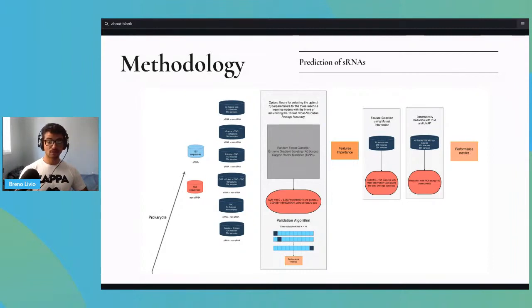And our reference created negative data sets using the EMBOSS suite, the software shuffleseq from this set of tools. The same shuffled sequences are also used for reproducibility and the benchmark comparison. In total, for this case study, we used 182 sRNA versus 182 non-sRNA, which are the shuffled sequences, for this pipeline.